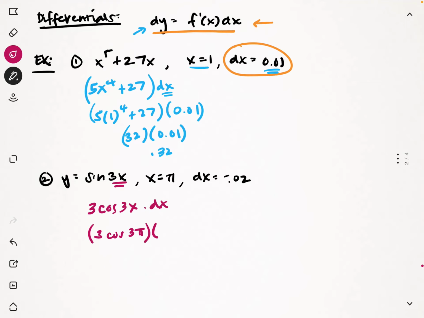And our dx is negative 0.02. Our cosine at 3 pi is the same thing as cosine at pi, so that's going to be negative 1. So 3 times negative 1 times negative 0.02. Do that in your calculator. Three times negative 1 times negative 0.02 is 0.06.